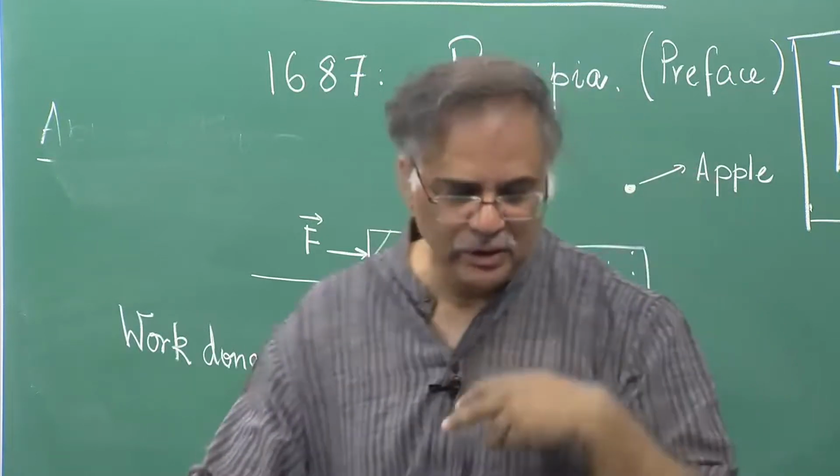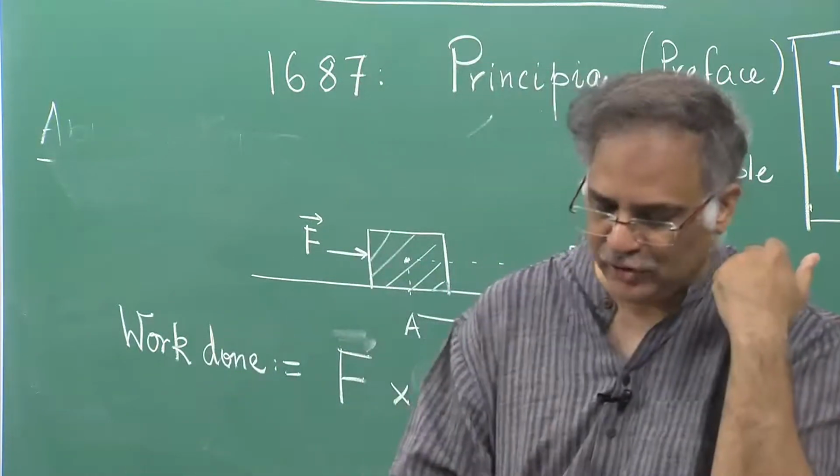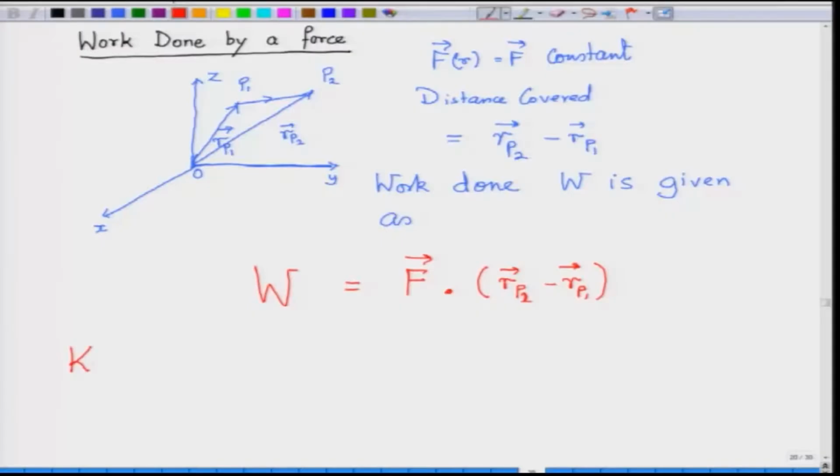Another thing that I want to tell you, for example, many of you know what is kinetic energy. Kinetic energy, even in 3 dimensions, if the body is of mass m, is half of mass times the square of the velocity. Now, when the body is in 3 dimensions, square of velocity means square of the magnitude of the velocity.